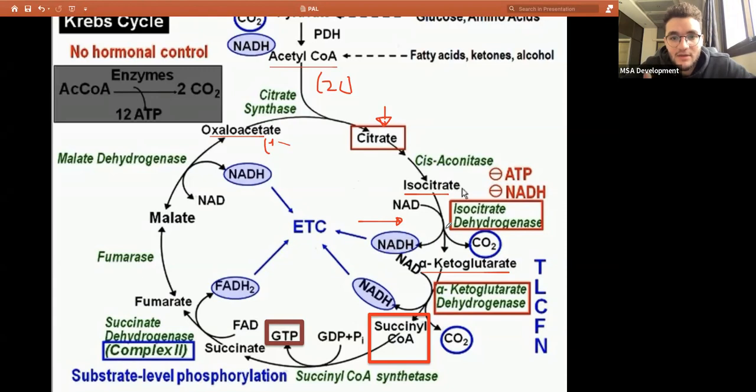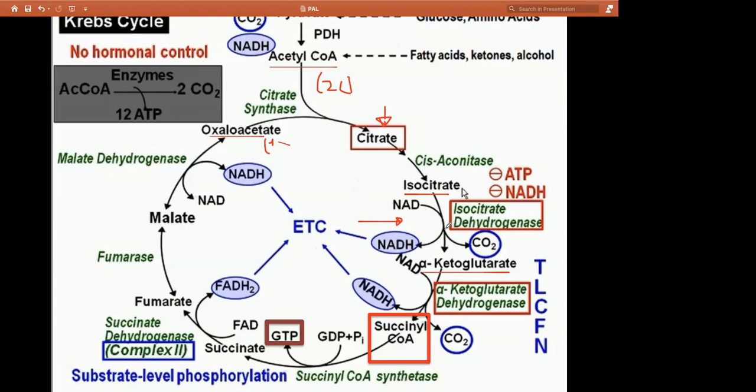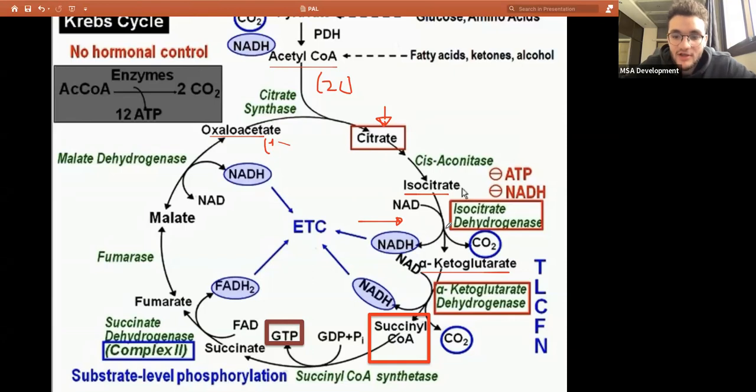So you know what a rate limiting step is, right? It's the slowest step, the reaction that determines the speed of the whole process. All right, very good. For every single pathway you take, from glycolysis to TCA onward, you have to know what the rate limiting step is with its enzyme.